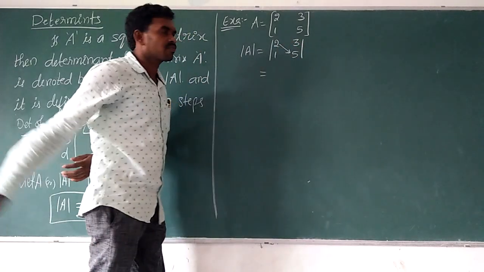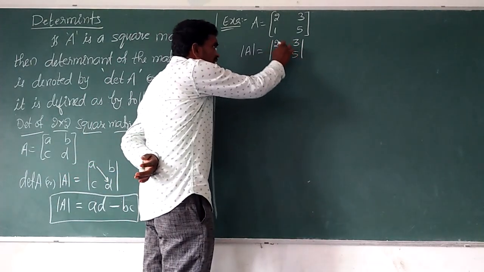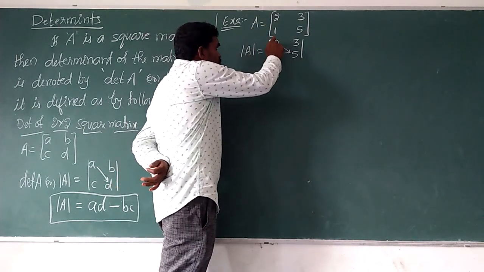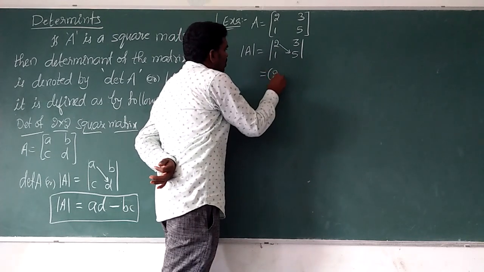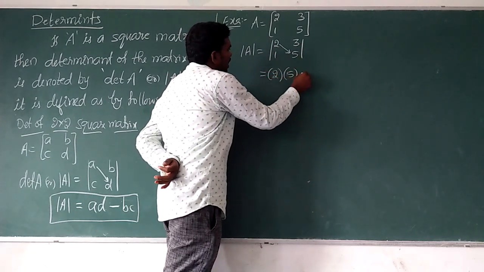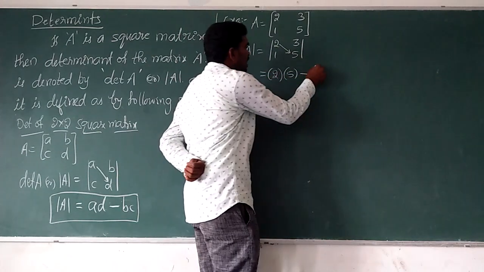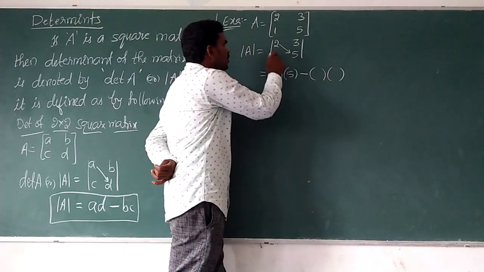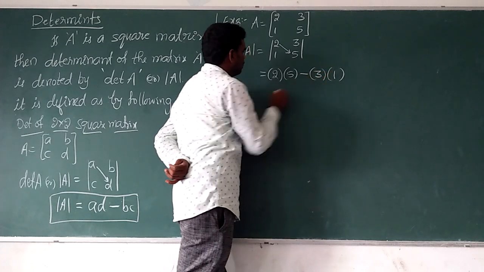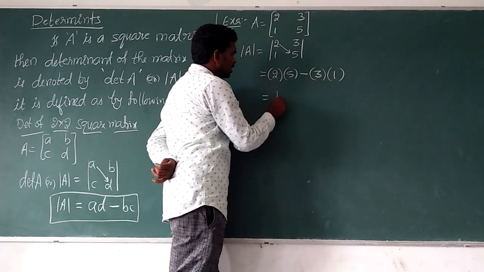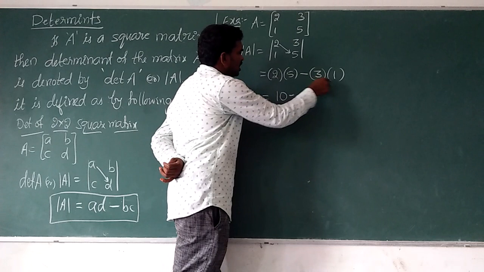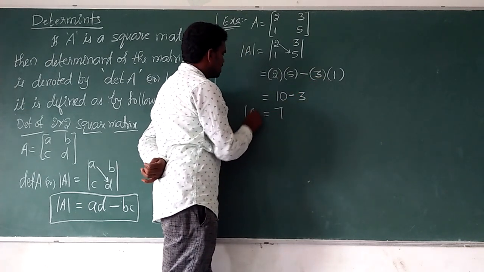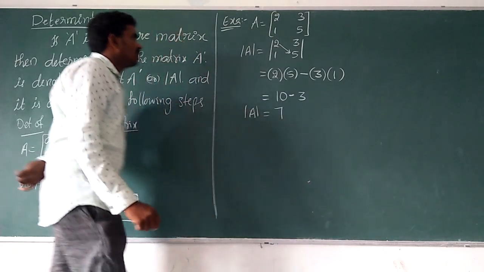First write 2 into 5, then keep minus and multiply the other two elements, 3 into 1. 2 fives are 10. Next keep minus, 3 ones are 3. So 10 minus 3 is 7. So the det A value is 7.